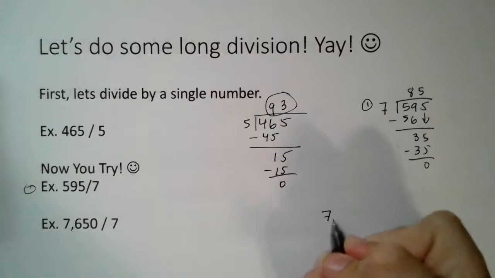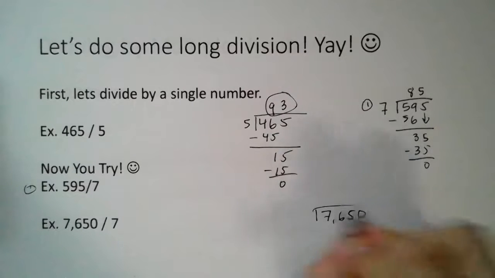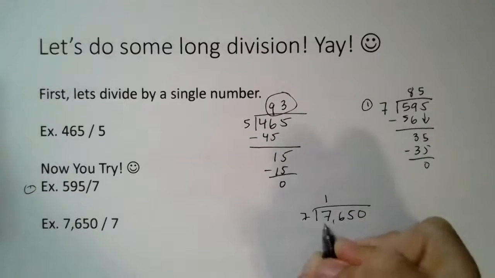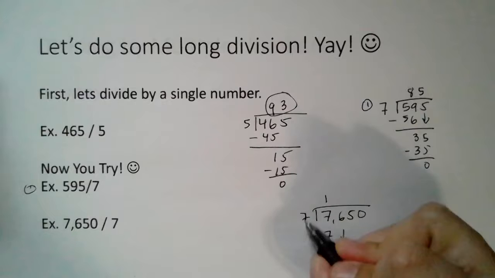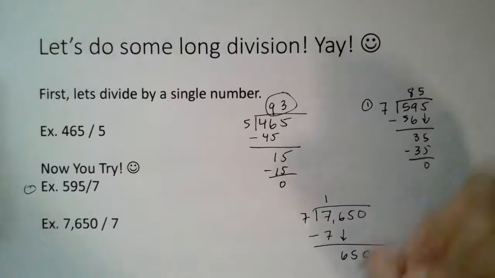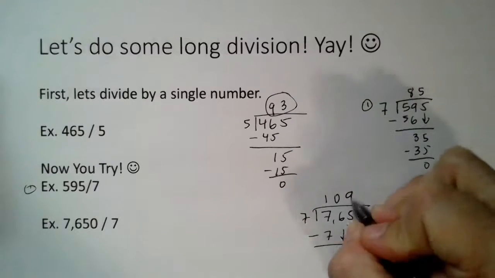Okay, let's do the next one. We have 7,650 divided by 7. So it goes into 7 once, right? But we still have everything left over, 650. 7 doesn't go into 6, so we put a 0 here as a placeholder. 7 goes into 65 how many times? Well, 9 times 7 is 63.